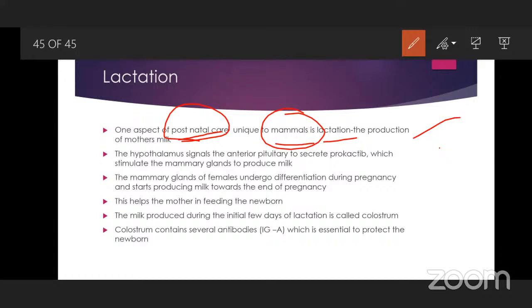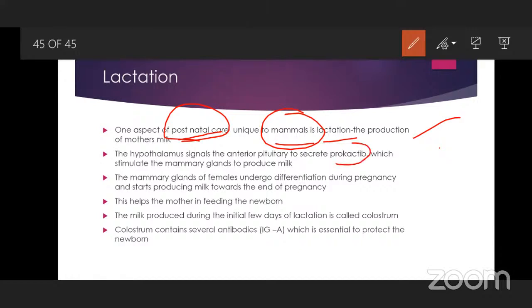Hypothalamus signals the anterior pituitary hormone, milk. So the hypothalamus is acting on the gland, and this protein hormone will be stimulating the mammary to release the milk, and these processes will be occurring only after the process of parturition.